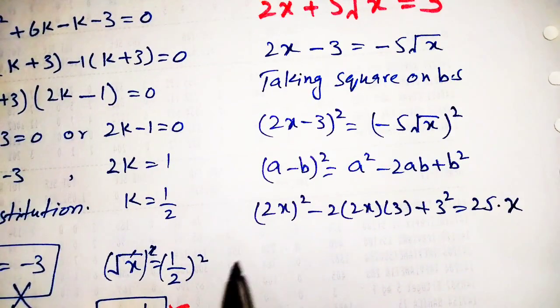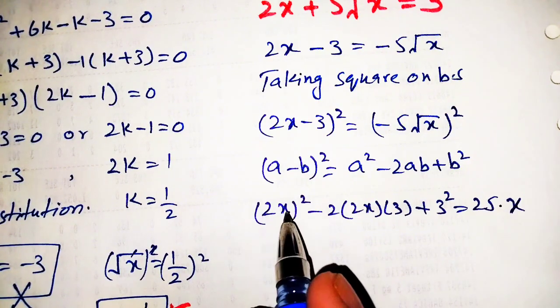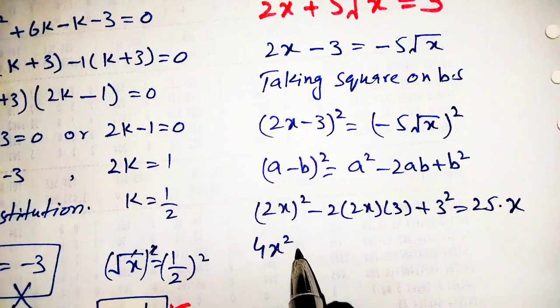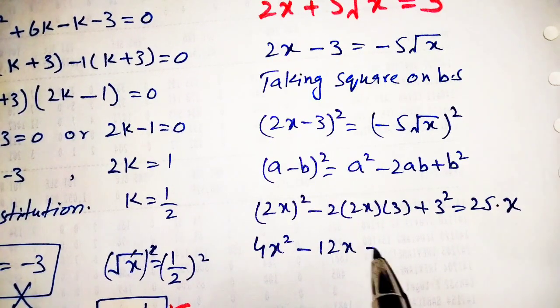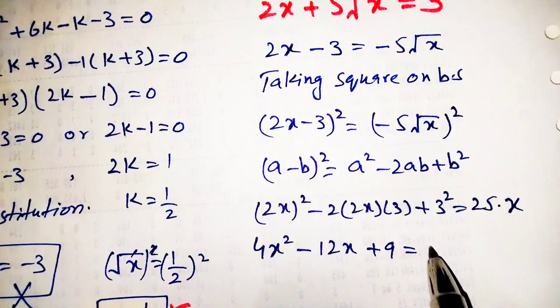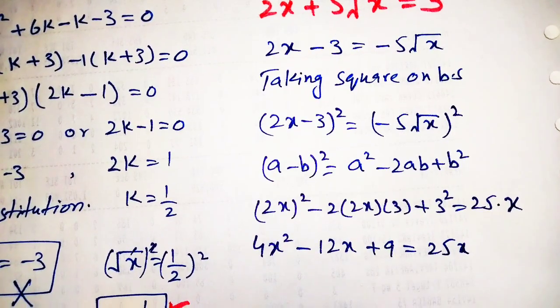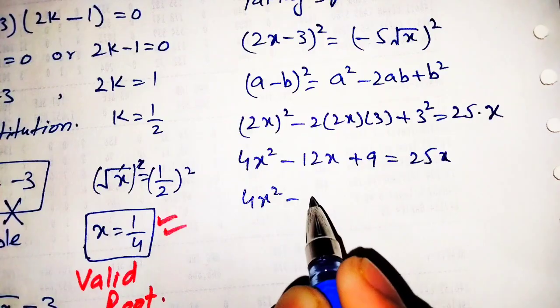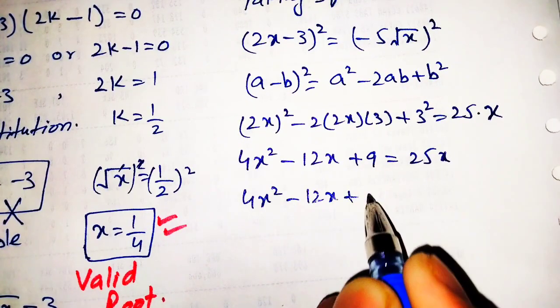So now we will simplify this equation. 2x square is equal to 4x square minus, this will become 12x plus 9 is equal to 25x. So again rearranging it, we will get 4x square minus 12x plus 9.